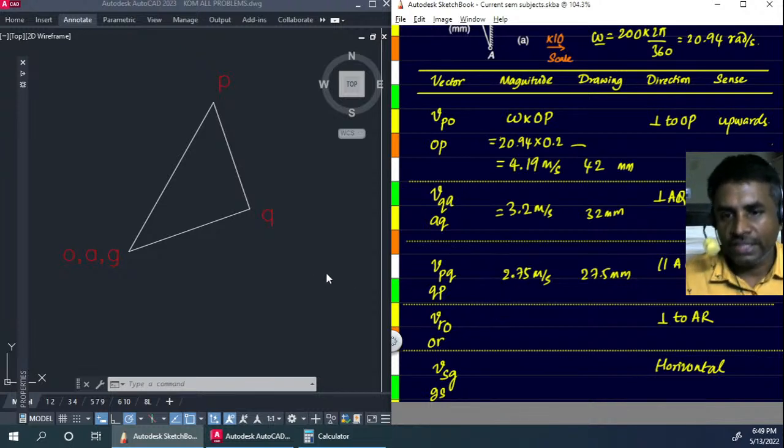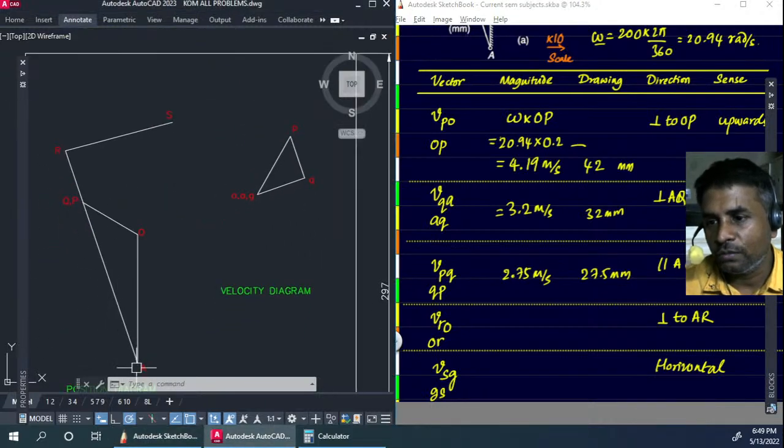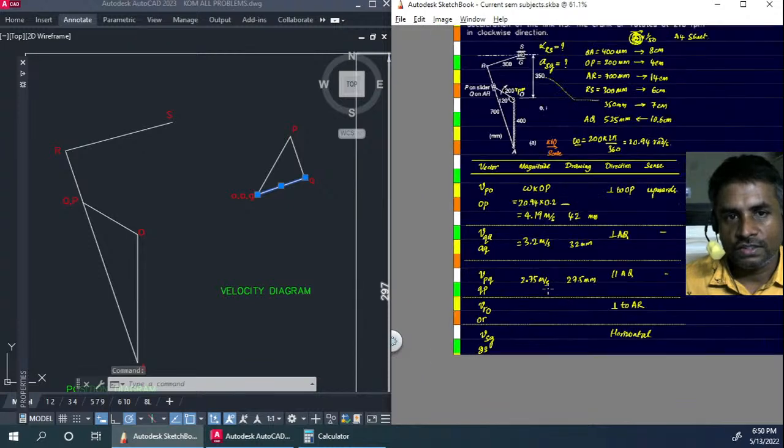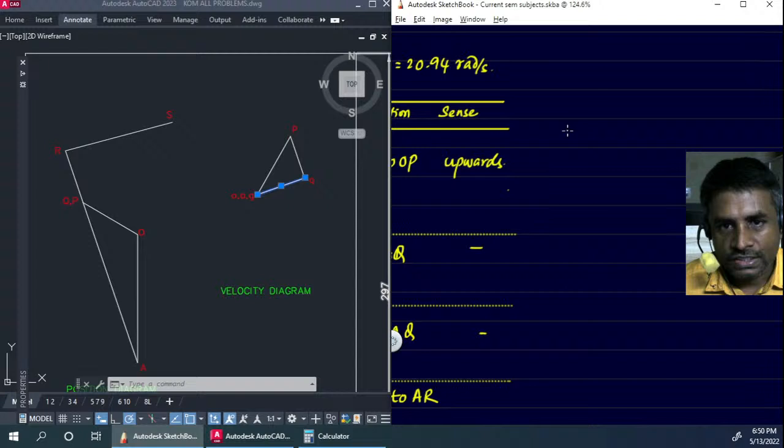Let's go ahead and see how we'll be able to find the velocity of R with respect to O. In order to find the point R, we will have to extend the length AQ. This length we need to extend in the same ratio over here. So let's see how we'll be able to do that. Let's take the length AQ, and we have the length small aq for that, and we have to take the length AR, and accordingly we'll have to generate the length small ar.